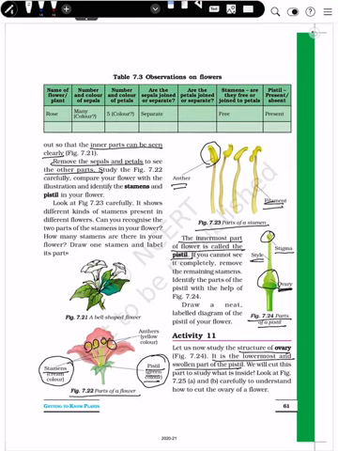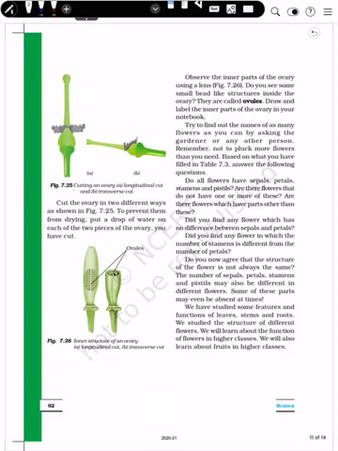Now it's very important to study what is present inside the ovary. We have to study the internal structure of the ovary. To understand the internal structure, we have to cut the ovary of a flower, and for cutting the ovary of a flower, we have two methods. You can see the diagrams in figure 7.25.